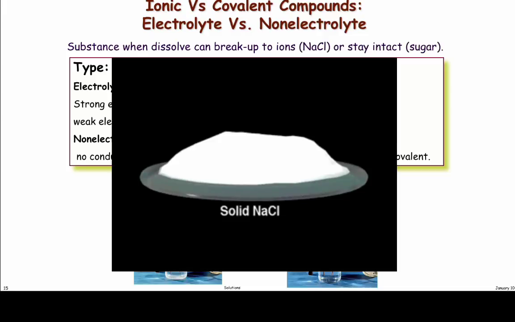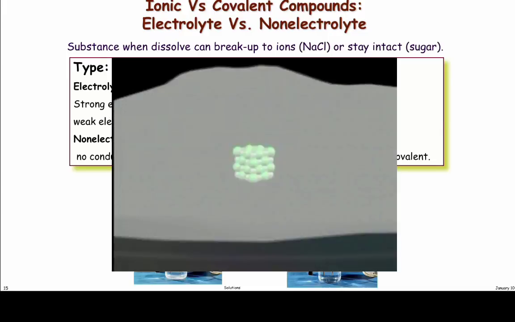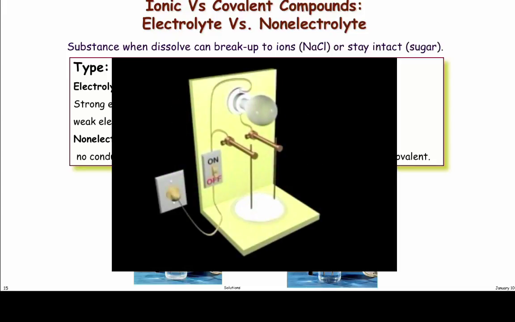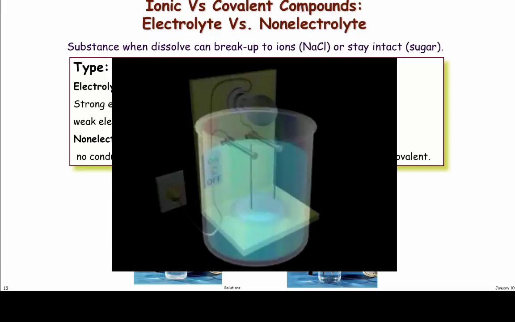We know from various lines of experimental evidence that solid sodium chloride consists of an ordered three-dimensional array of sodium and chloride ions. Solid sodium chloride is not a conductor of electricity. The ions of the ionic lattice are held in place by the strong ionic interactions in the solid, and therefore are not free to move under the influence of the electric field.